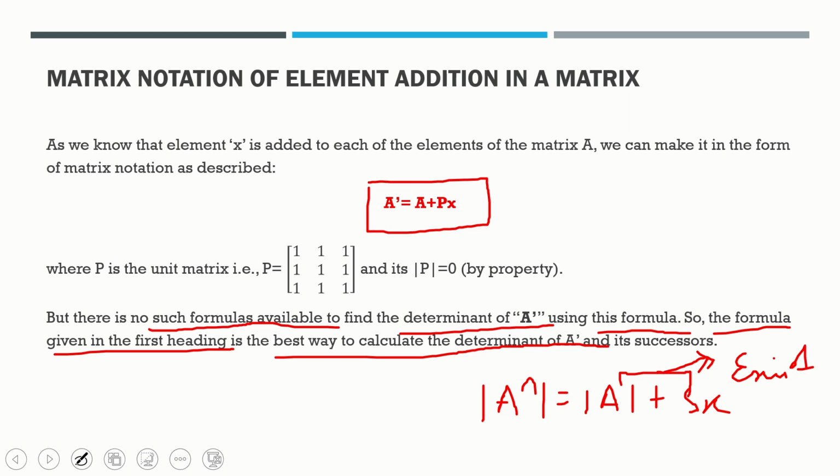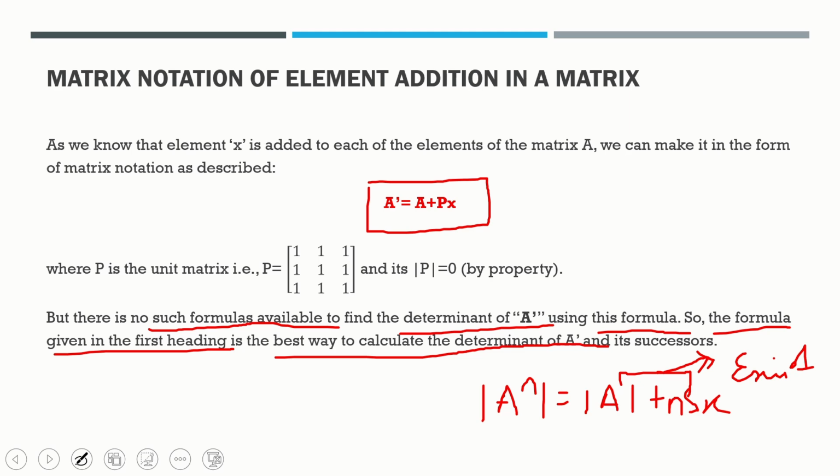You are supposed to take any X and you can find your S. Otherwise, okay, you need to find X. Your S will come from the determinant, will come from matrix A. Okay, S will come from A, and you have to imagine one A power n matrix. Okay, your n is supposed to be written here. So this is the formula to calculate. If you don't know what the X is, you can calculate X from this value, but it has some limitations.